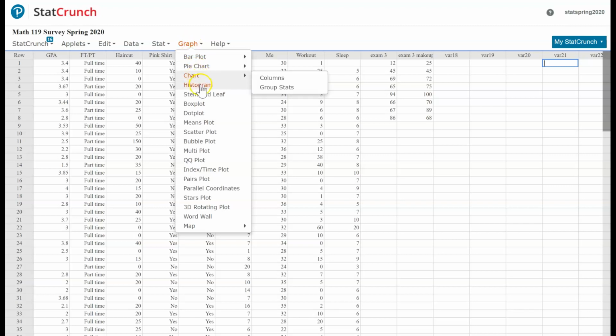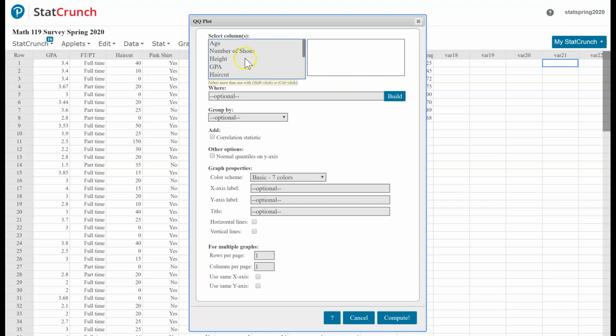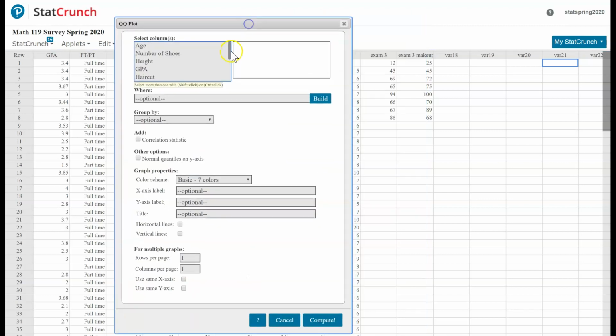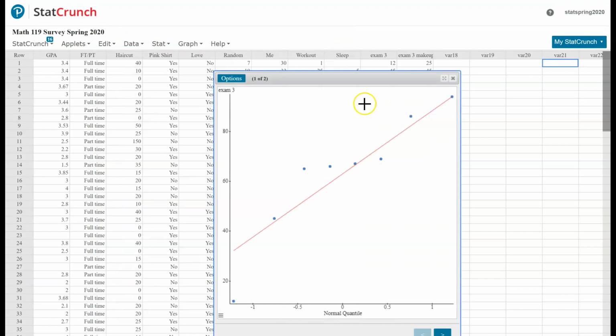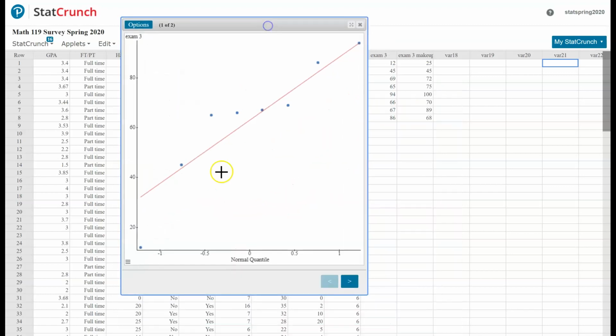Normality, I don't know if I have normality, so let's just check. You can either do a histogram, or you can just do a QQ plot. Let's just do a QQ plot. Let's click on exam 3 and exam 3 makeup, and highlight both of them. Here, you can kind of see that they're close to the line.